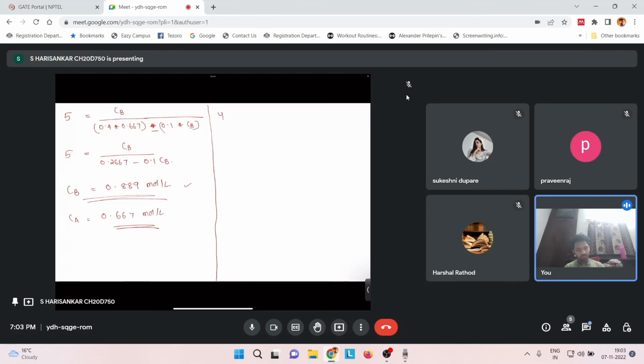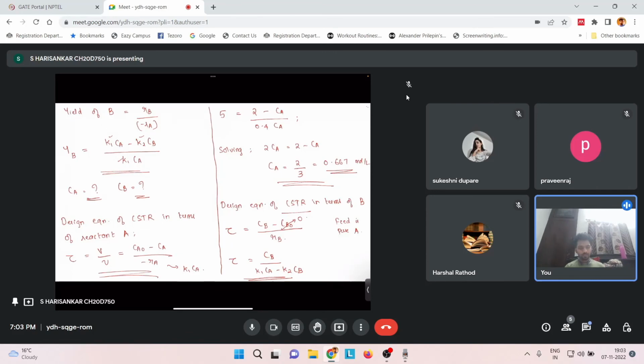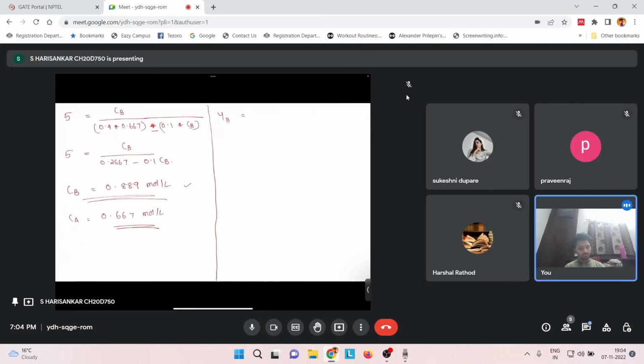So yield of B was minus Rb by minus Ra. So that is K1 Ca minus K2 Cb by K1 Ca. So YB is K1 Ca minus K2 Cb by K1 Ca. Now substitute all the known values here.